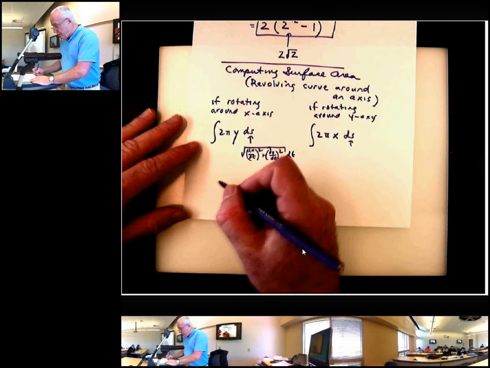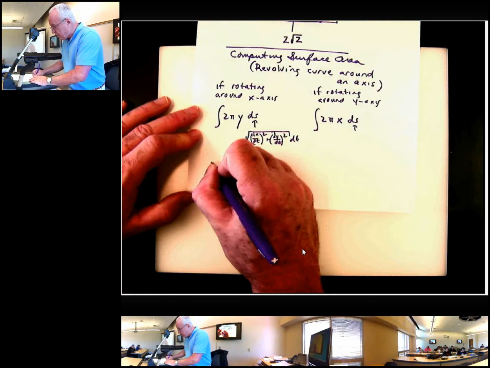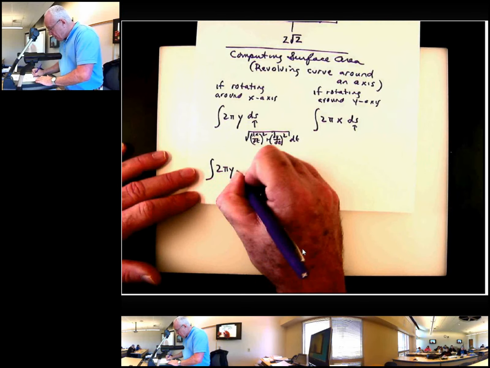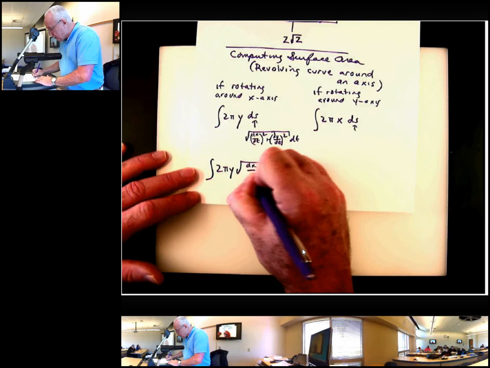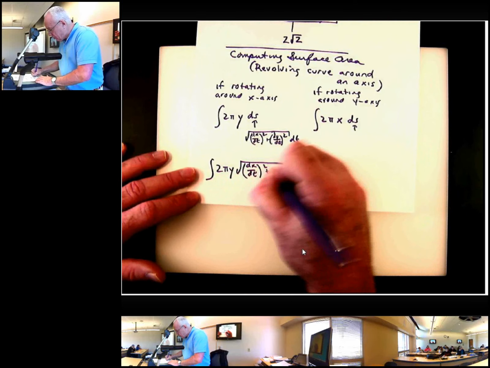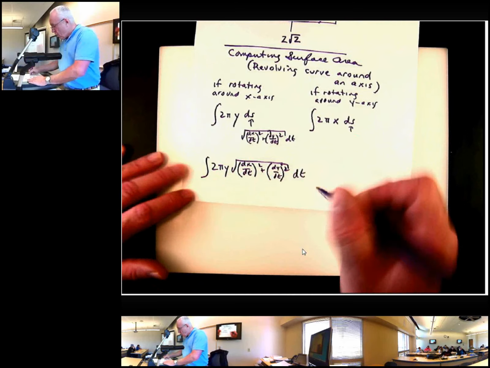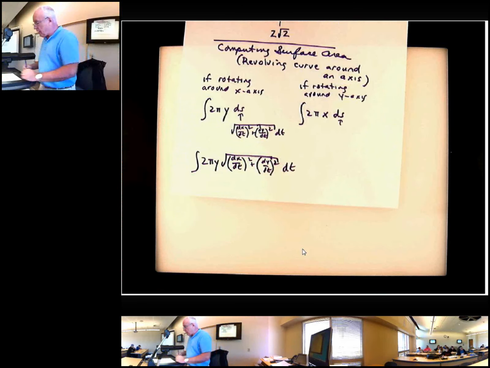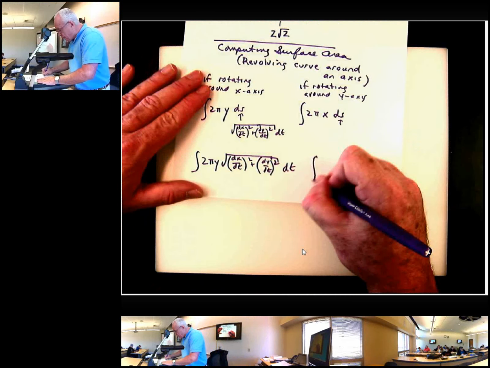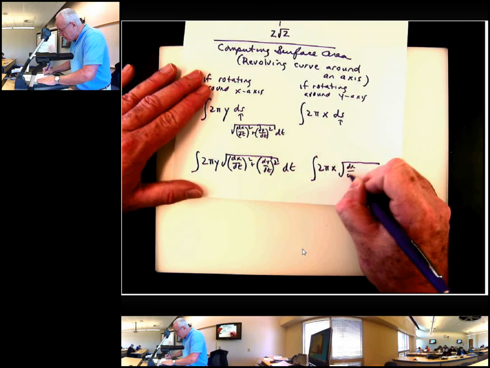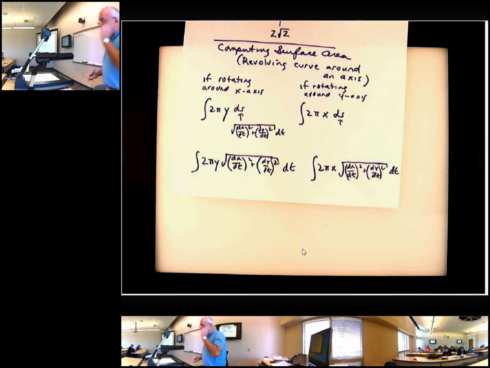So this is what we get for rotating around the x-axis: 2 pi y times the square root of (dx/dt) squared plus (dy/dt) squared dt. Or if we're rotating around the y-axis, it's 2 pi x times the square root of (dx/dt) squared plus (dy/dt) squared dt. All right. One of those two formulas.